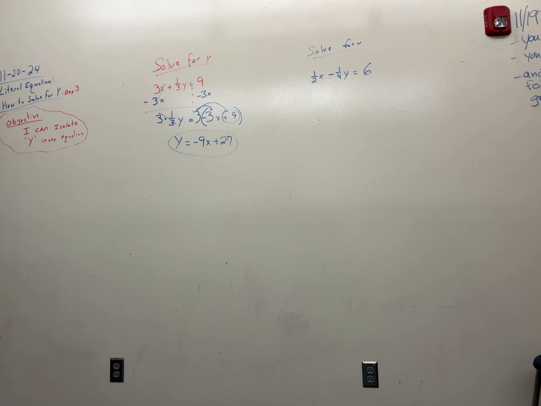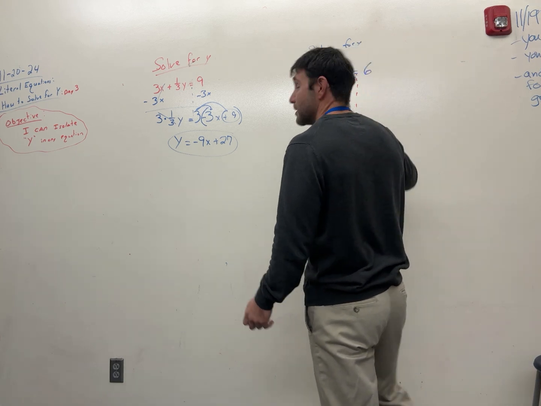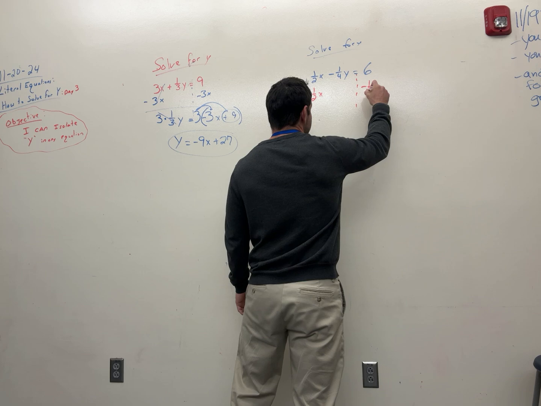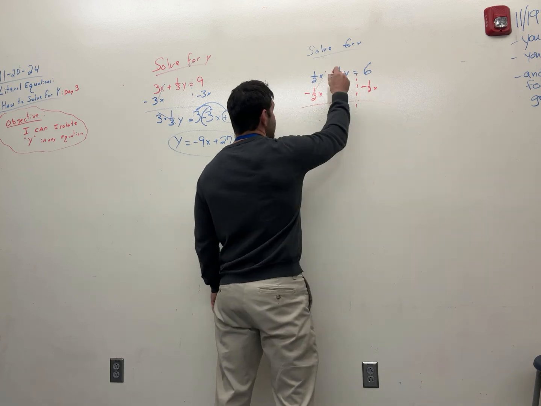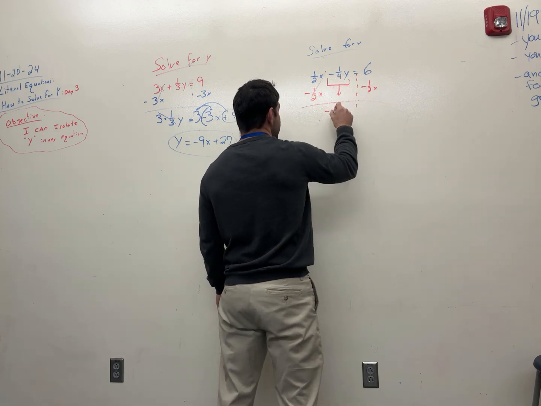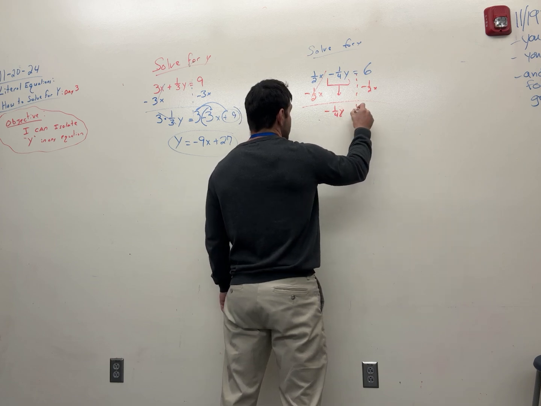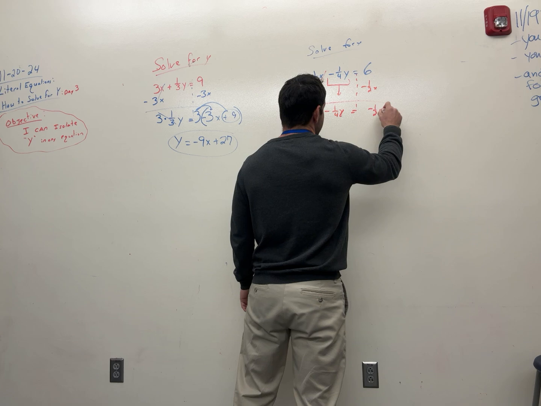Absolutely not. What do we have to move first? The 1/2 x. How do we move the 1/2 x? Subtract. Absolutely. That doesn't change. We subtract 1/2 x from both sides. That leaves me negative 1/4 y equals negative 1/2 x plus 6.